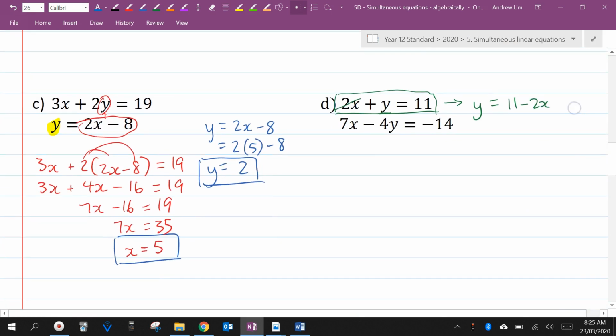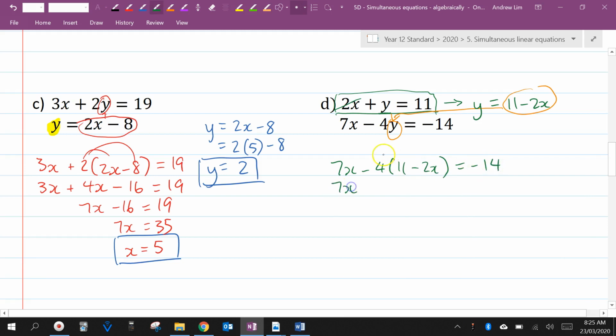Alright, so now that we've done that, we can substitute all of this into what y is equal to here. So we have 7x minus 4 lots of y, which is 11 minus 2x, is equal to negative 14.